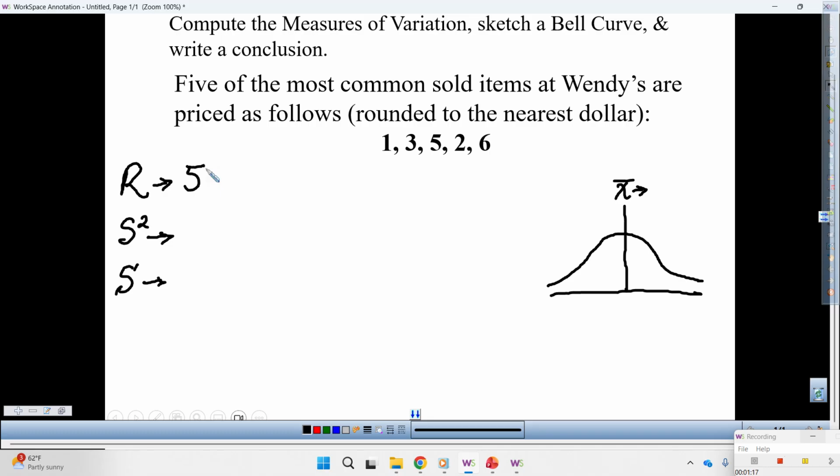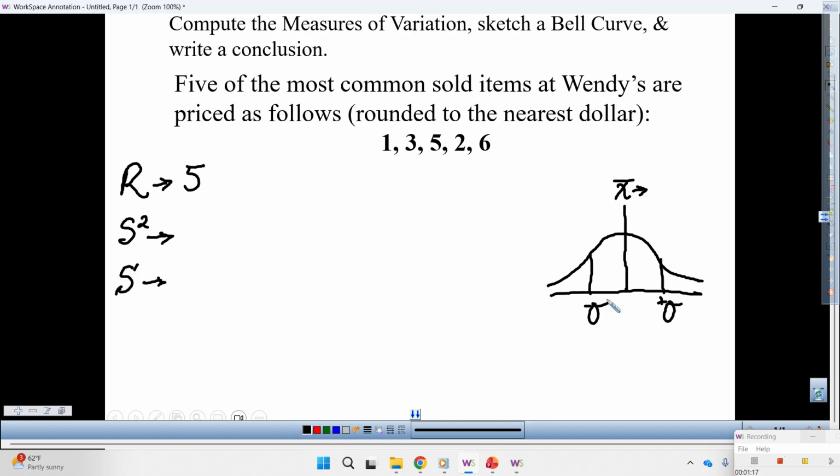And then our mean for our bell curve. Let's go with Yozgard.